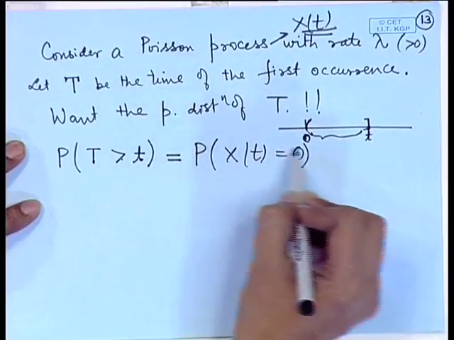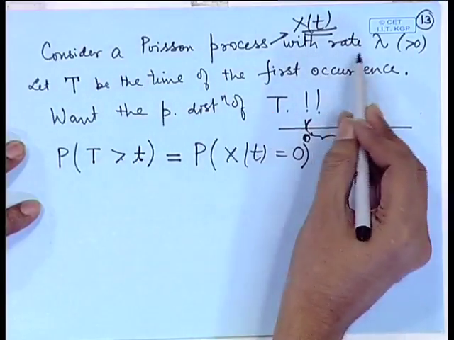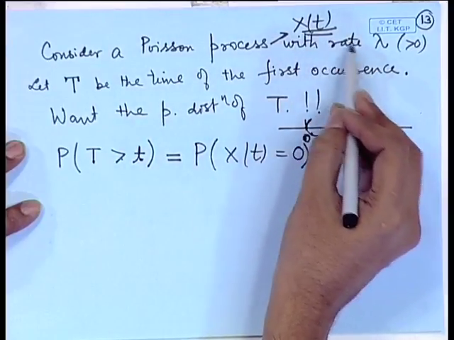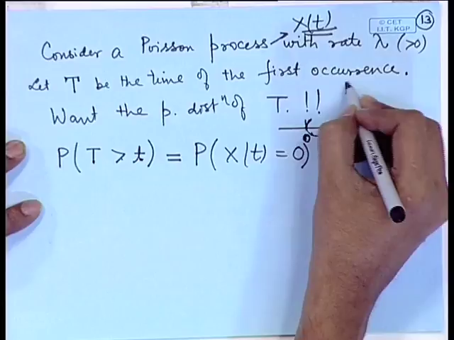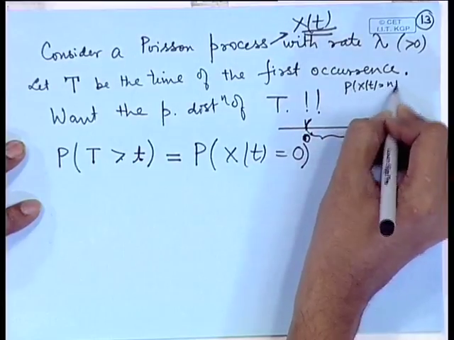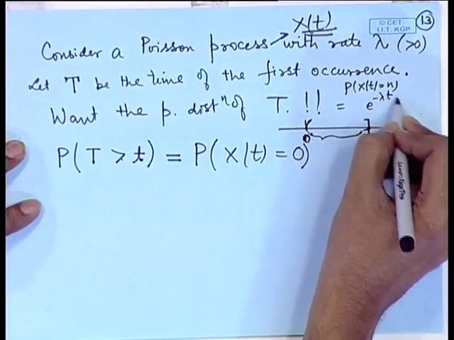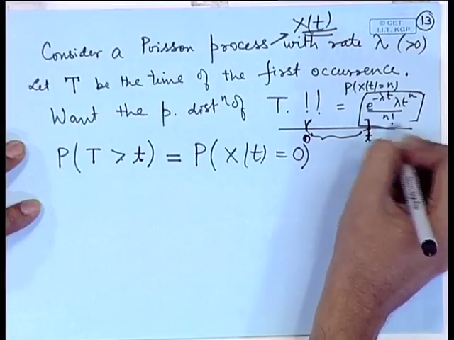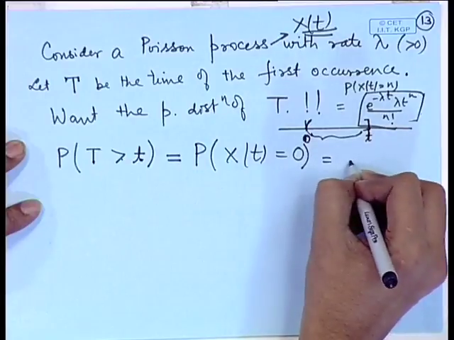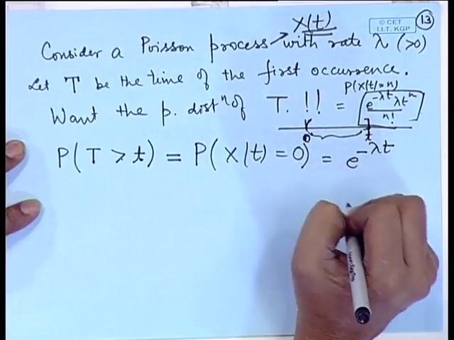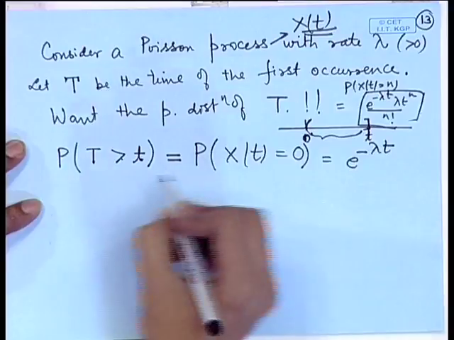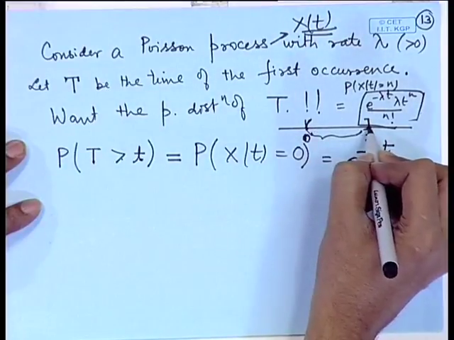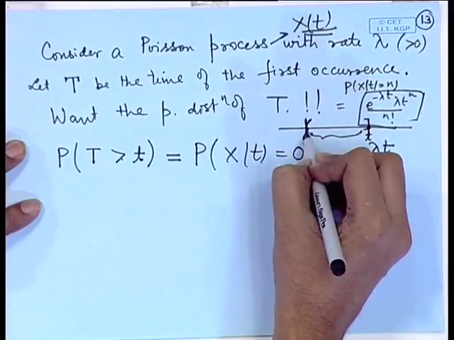However, the distribution of X t is assumed to be a Poisson distribution, because we have made the assumption that it is a Poisson process with rate lambda. That means probability X t equal to n is e to the power minus lambda t times (lambda t) to the power n by n factorial. So, if I put n equal to 0, then this gives me e to the power minus lambda t. Of course, this statement is true for t greater than 0, because we are observing from a certain time onwards.